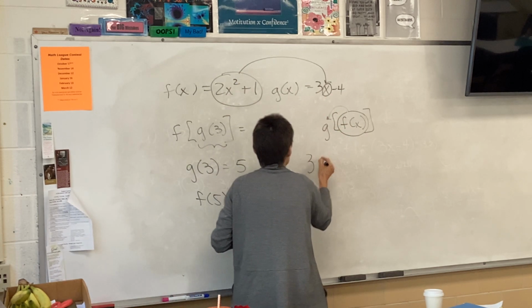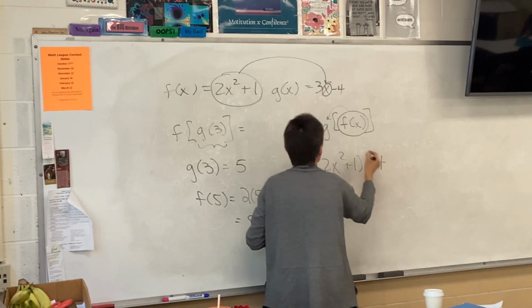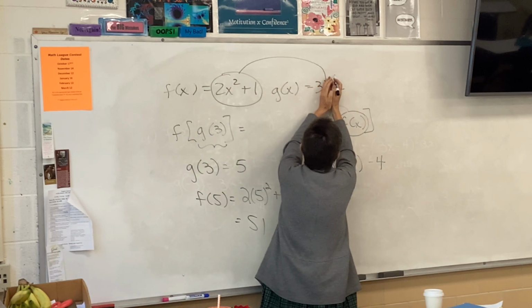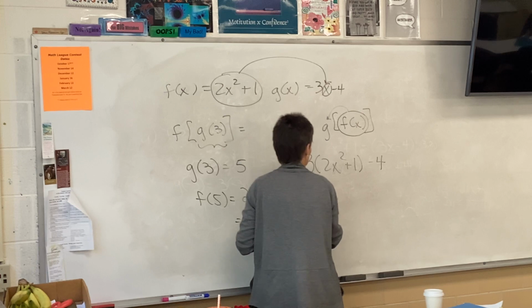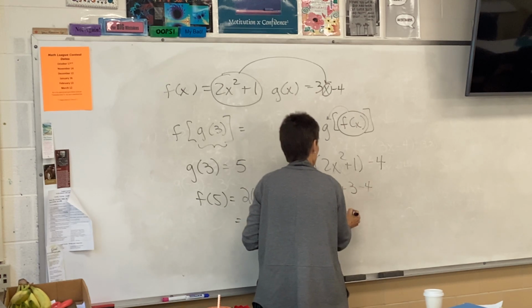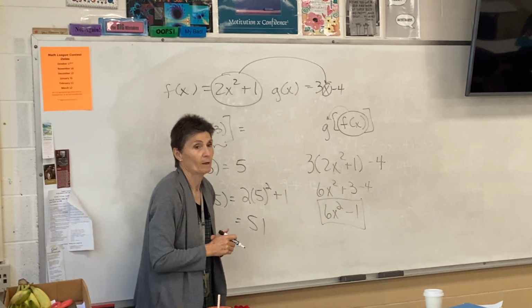So we're going to have 3 times (2x squared plus 1) minus 4. This whole f is getting put in right here for this x. If I did my math correctly, I got 6x squared minus 1.